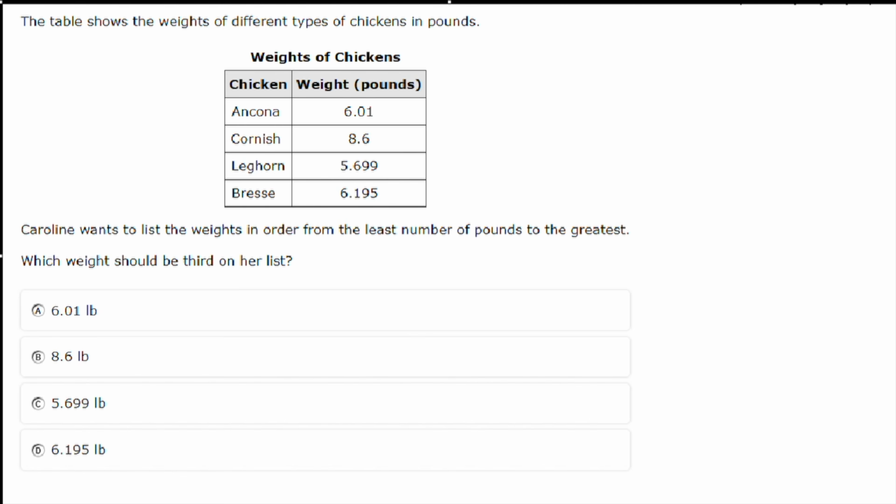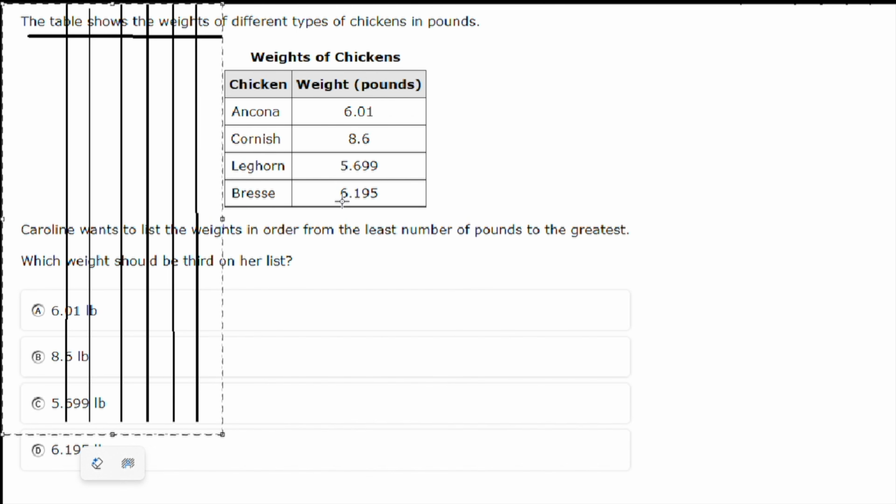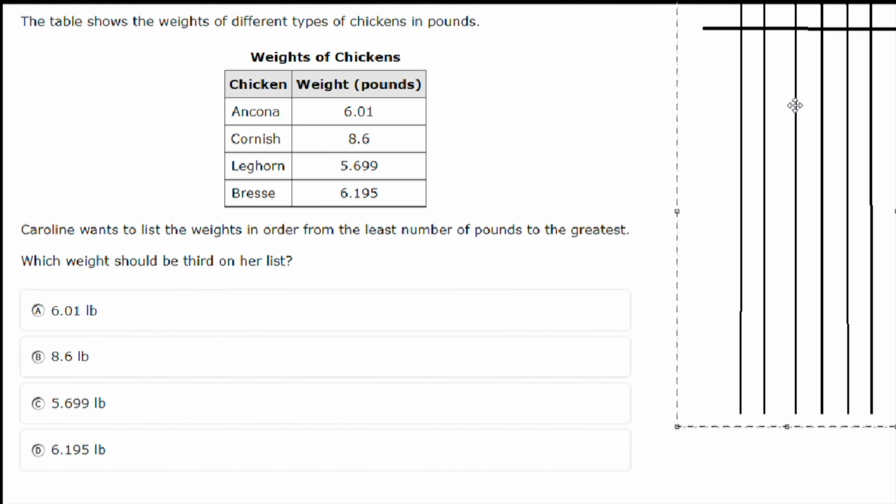All right, so whenever you're comparing numbers, especially numbers with different types of digits after the decimal, I think it's best to use a place value chart. You can quickly draw this out.